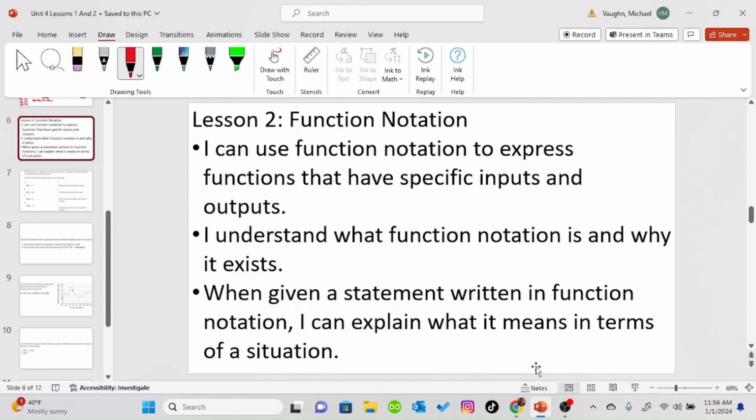So what we want is for you to be able to take a function notation and be able to say, this is what the input is and what it represents in this context, and this is what the output is and what it represents in this context.